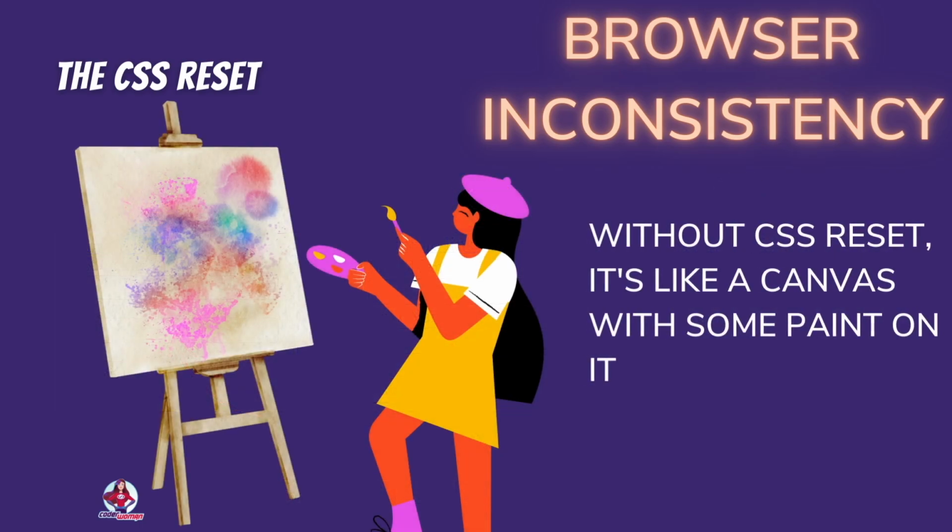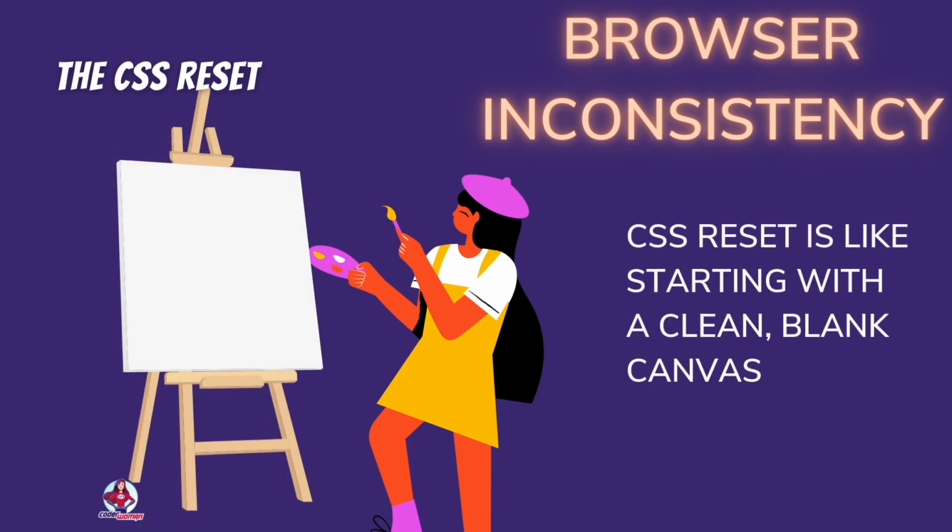Imagine you're a painter and you have a canvas that already has some paint on it. You have to create your masterpiece on top of what's already there, and the final result may not look exactly as you had planned. That's what it's like to design a website without resetting CSS. The default browser styles act as the existing paint on the canvas.